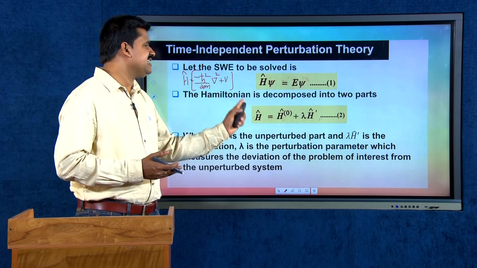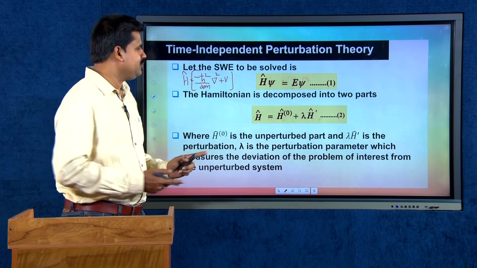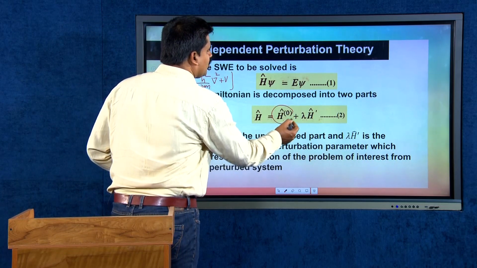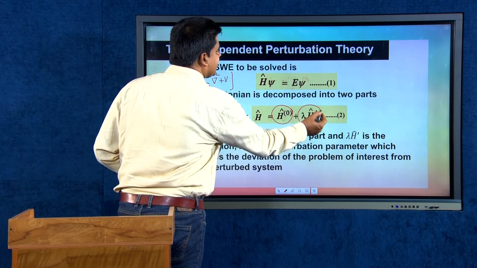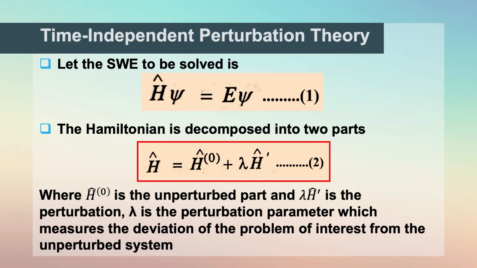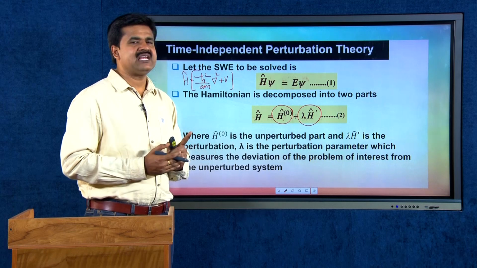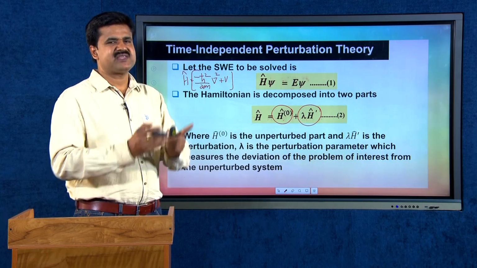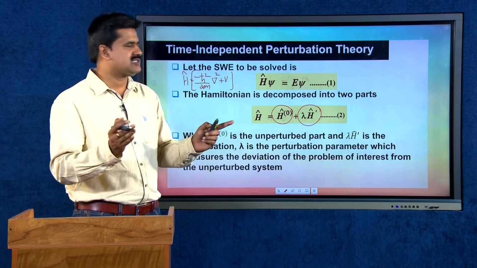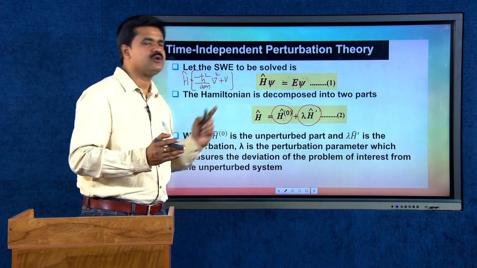That is, H hat is split into H hat 0 and lambda H hat dash. The first part, H hat 0, is known as the unperturbed part. Once again, the total Hamiltonian of the present system is split into two parts. This is the total Hamiltonian of the system.